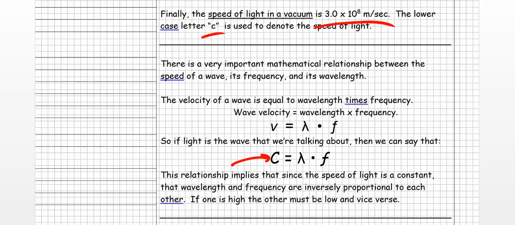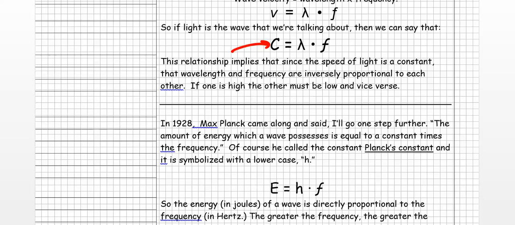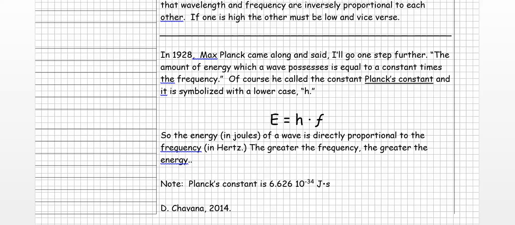Albert Einstein demonstrated that the speed of light is constant in a vacuum. In 1928, Max Planck came along and said, I'll go one step further. The amount of energy which a wave possesses is equal to a constant times the frequency. Of course, he called the constant Planck's constant, and it is symbolized by the lowercase letter h.